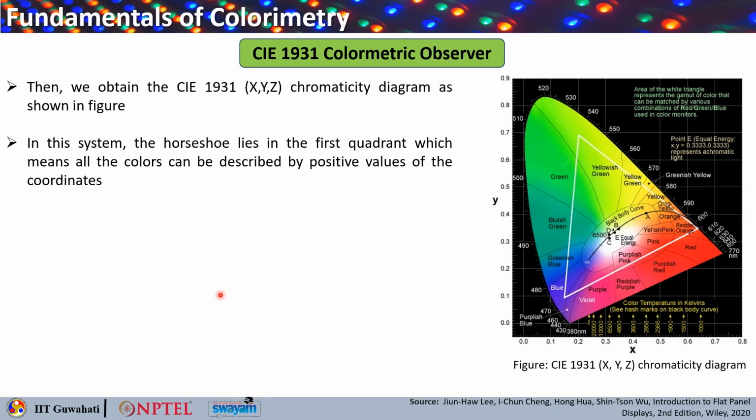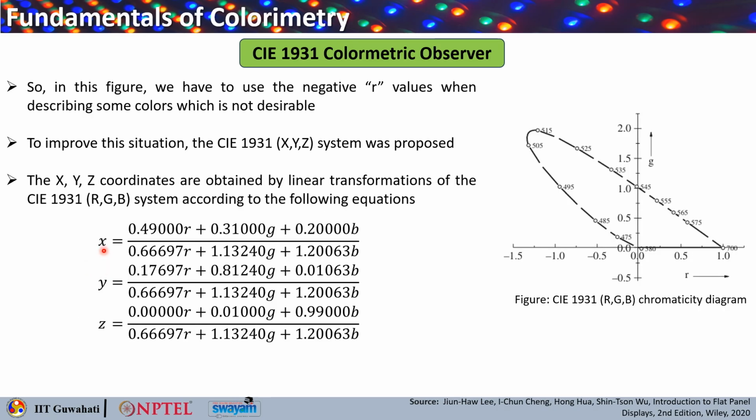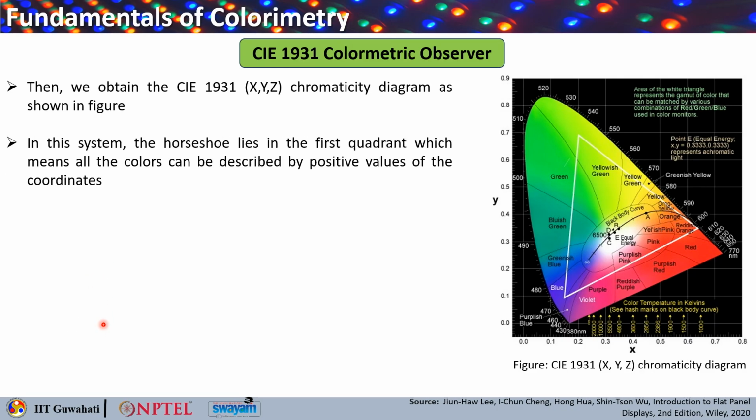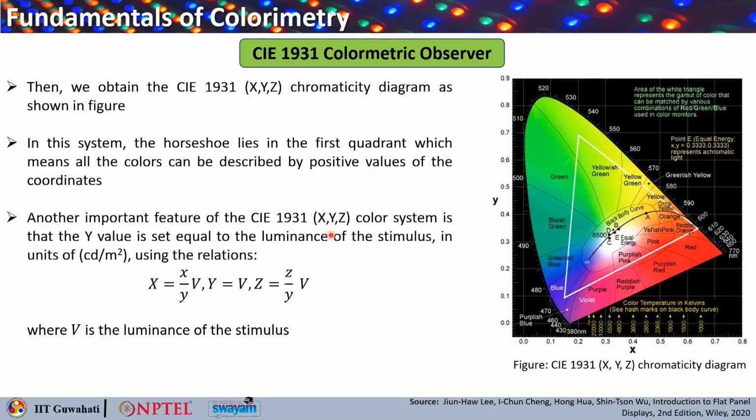Now, in those equations we got small x, y, z. So, what are the values of capital X, Y, Z in this color system? Here you have to remember that the capital Y value is set equal to the luminance of the stimulus, which has a unit of candela per meter square. So, V represents luminance for this stimulus.